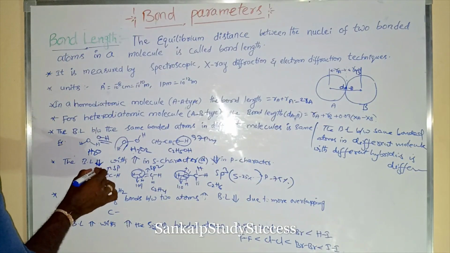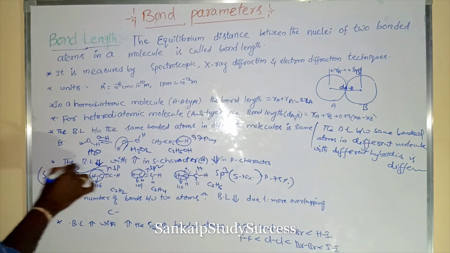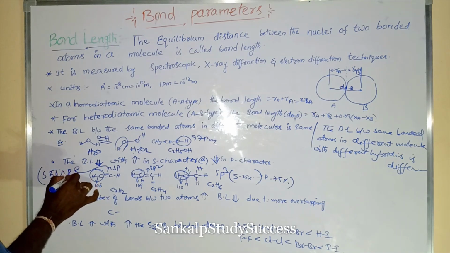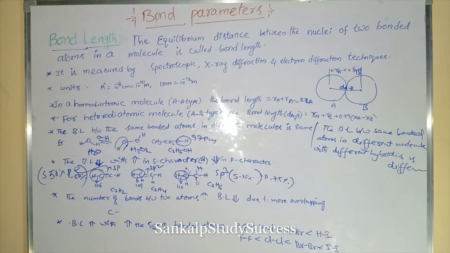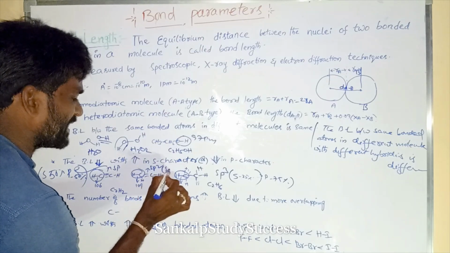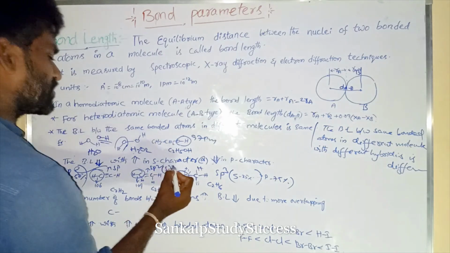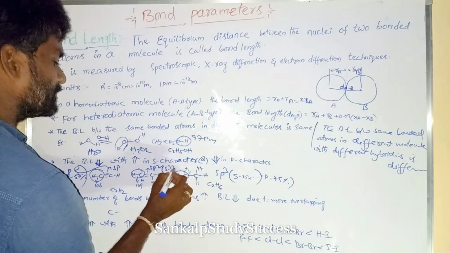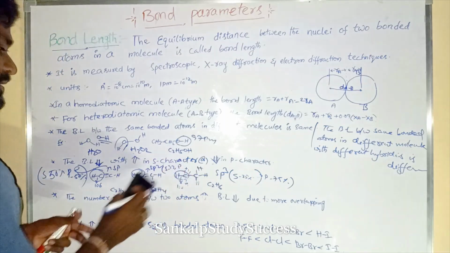Now in sp hybridization, the S character is 50% and the P character is 50%. But in sp2 hybridization, the S character is 33% and the P character is 66 point some.